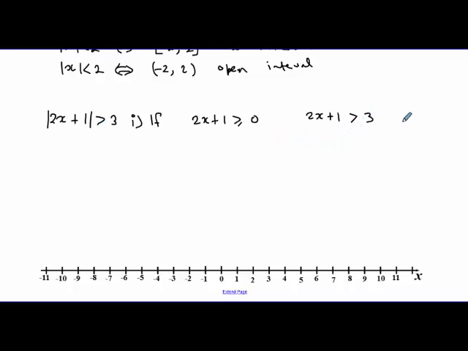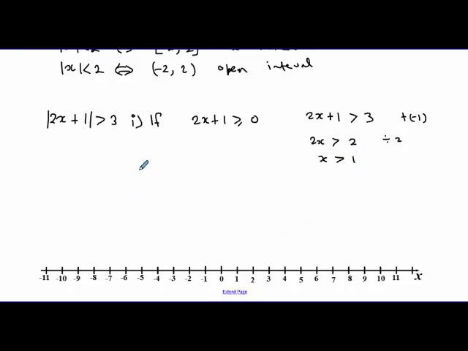Then solving this, let's say by adding minus 1 on both sides first, we'll get 2x greater than 2. Adding minus 1 here, we'll get 0 plus 2x, and then we get 2. Then dividing both sides by 2, this will get us x greater than 1.